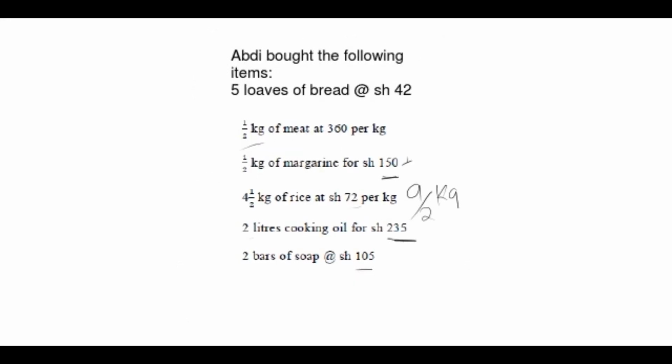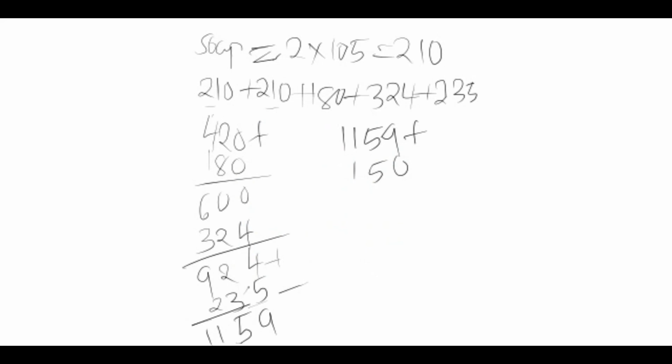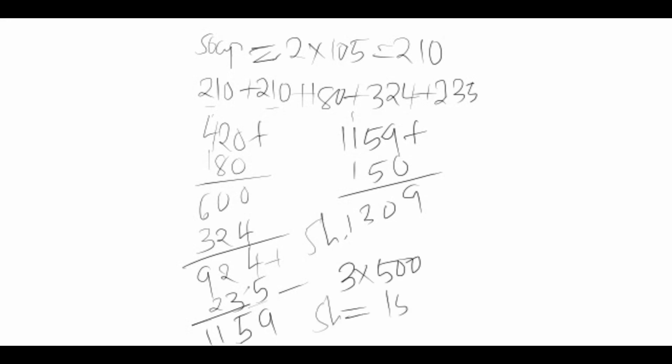This will give us 1,309. So Abdi spent 1,309. We are told he gave out 3 notes of 500 shillings, so it means he gave out 1,500 shillings to pay for what he bought.